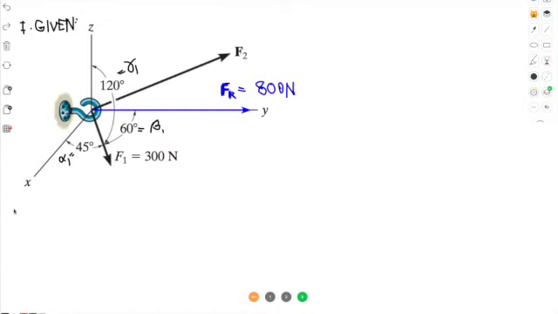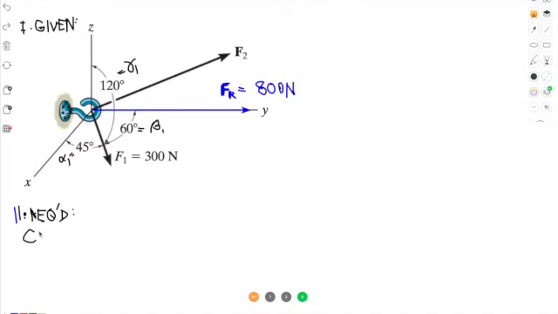Okay, so for our required, what are we trying to look for? What we want is the Cartesian vector form of F2.